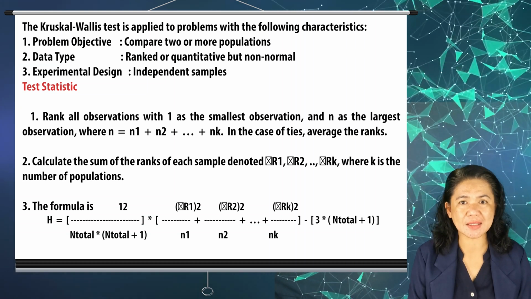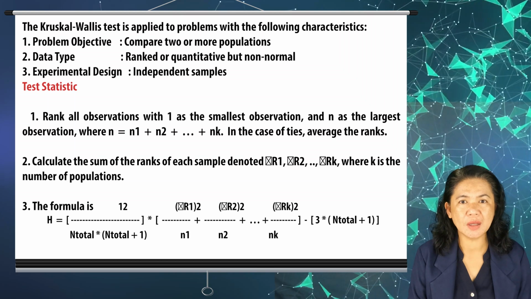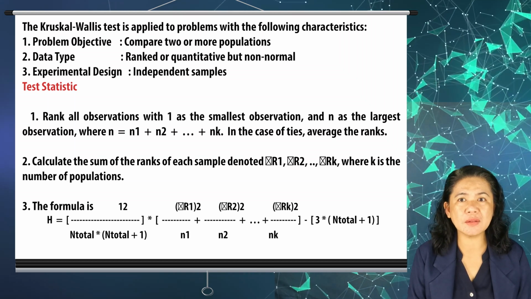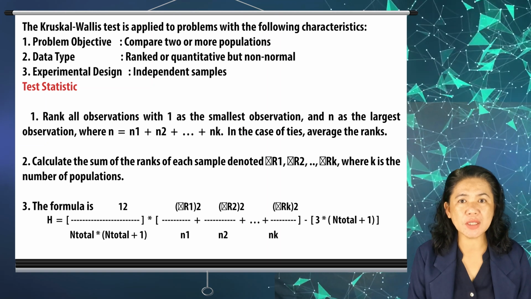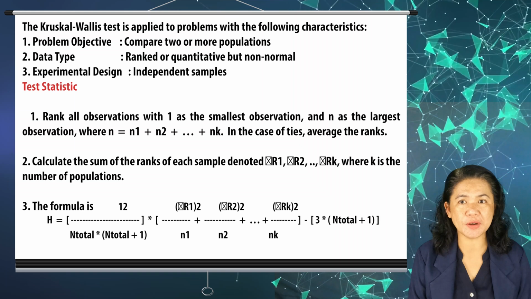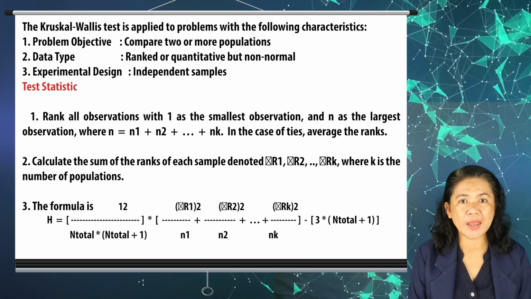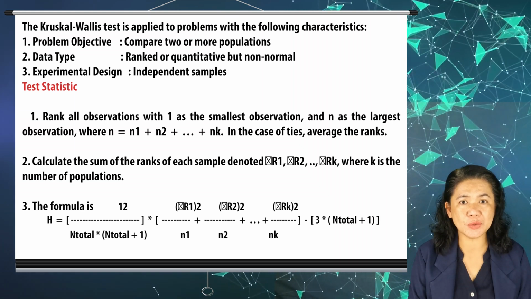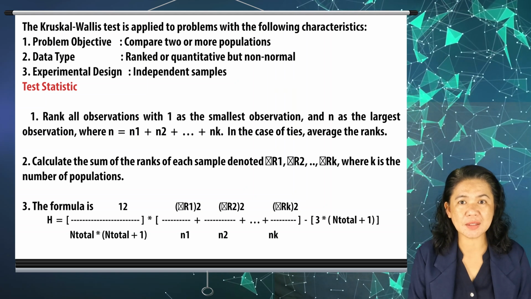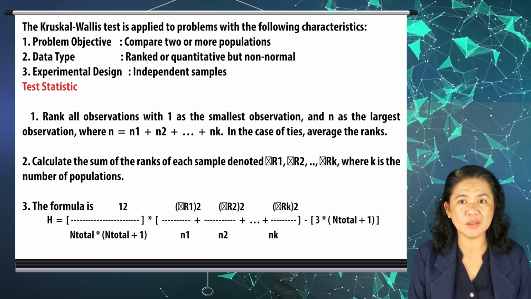Test statistic. Number 1. Rank all observations with 1 as the smallest observation and n as the largest observation, where n is equal to n sub 1 plus n sub 2 plus n sub 3, and so on.